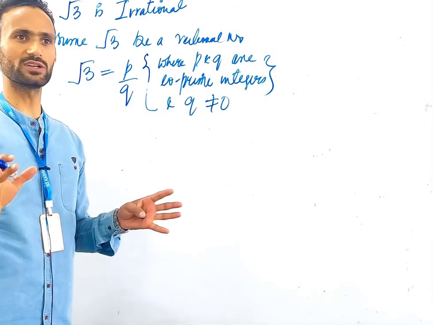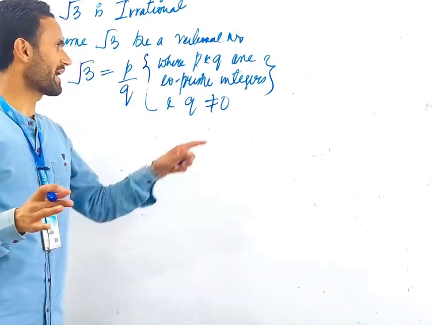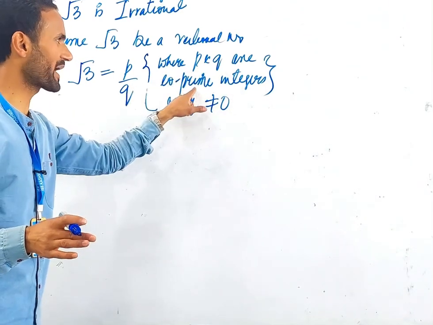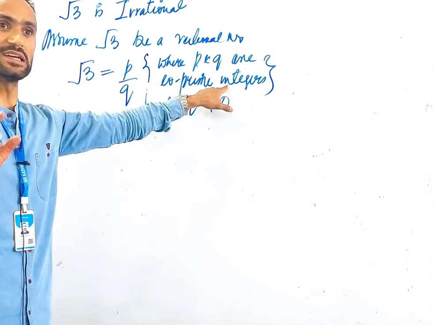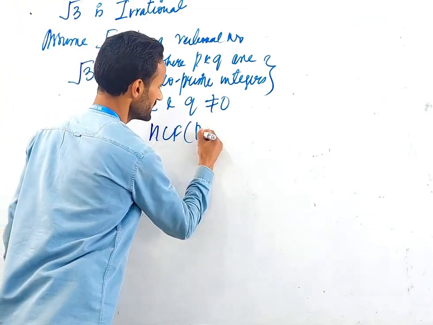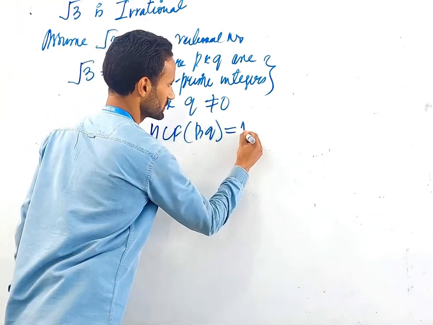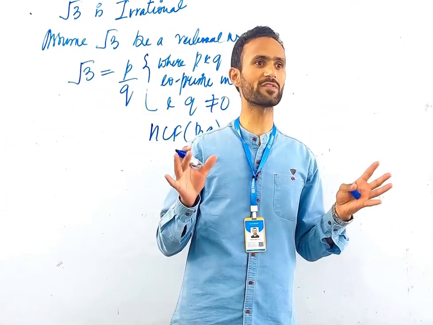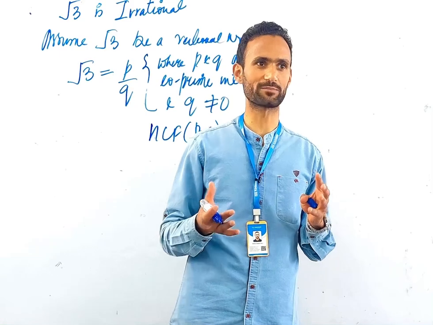That is the condition for rationality. And here we have taken P and Q as co-prime integers. Co-prime integers means the HCF of P and Q is equal to 1. That means P and Q have no common factor other than 1, right?